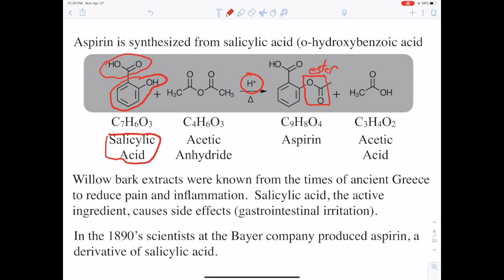An ester looks like a carboxylic acid, but instead of OH, it's OC. So it's a carbonyl and an oxygen attached to the carbonyl carbon, and instead of a hydrogen, which would make it a carboxylic acid, it is an ester. So you see the ester by looking at the side of the molecule to which we've added to the salicylic acid.